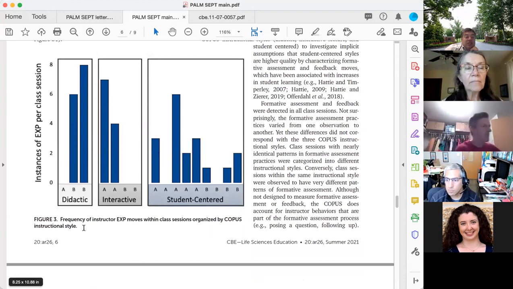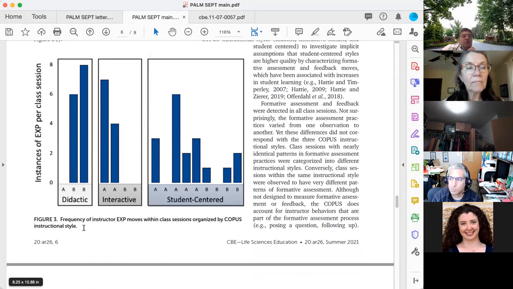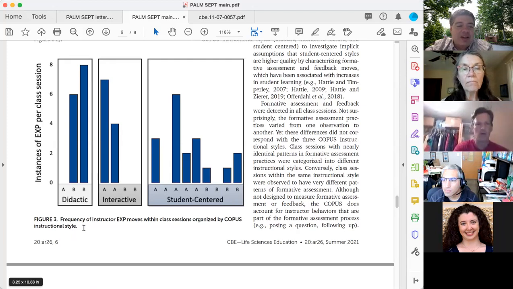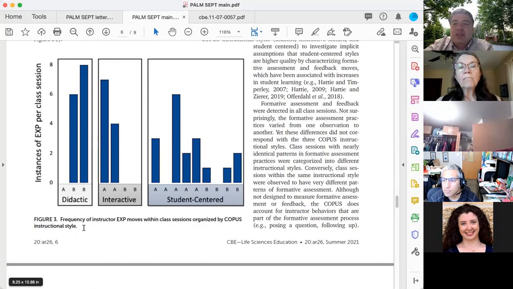Although it is interesting that under the didactic style, instructor B tends to use this type of feedback. In the interactive style, instructor A tends to use this phrase. So that speaks more to a personal preference, which seems to come out in these charts. And when you move over to student-centered, it's a little more evenly distributed. But again, the signature that they were hoping to see is not here.